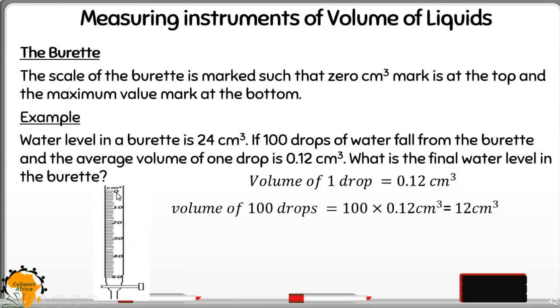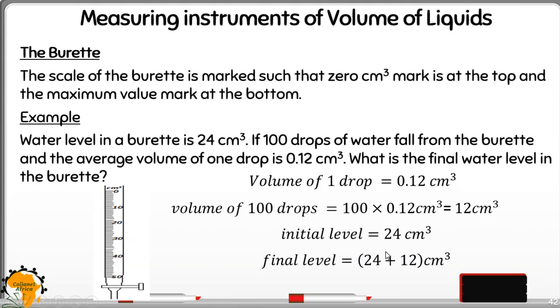And because the scale is increasing downward, then it implies that when you want to get the final water level, you are supposed to add to the initial. So initial level was 24, then you add 12, you get that now the new volume will be 36 cubic centimeter. So note that the maximum is at the bottom, the minimum is at the top.